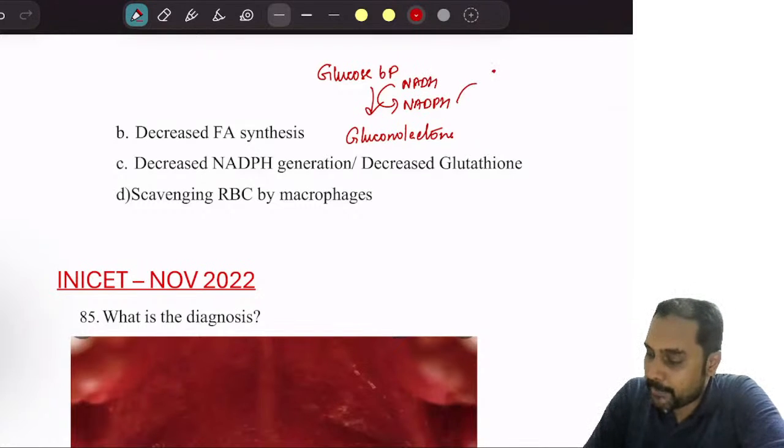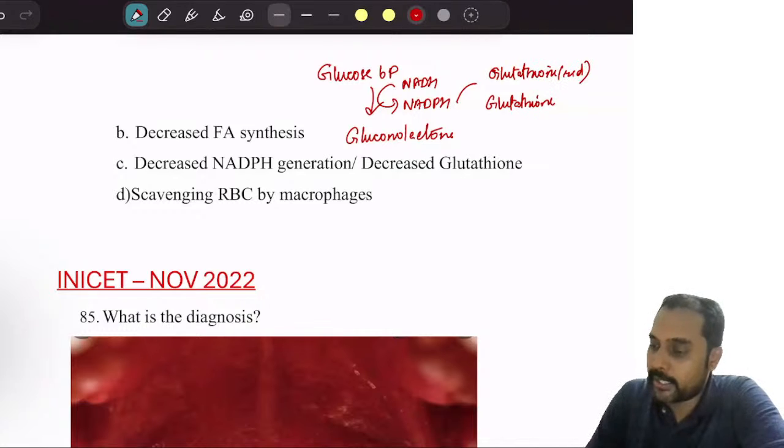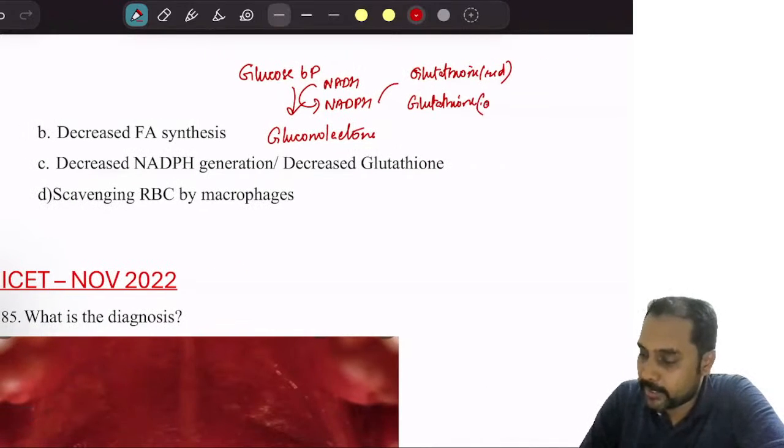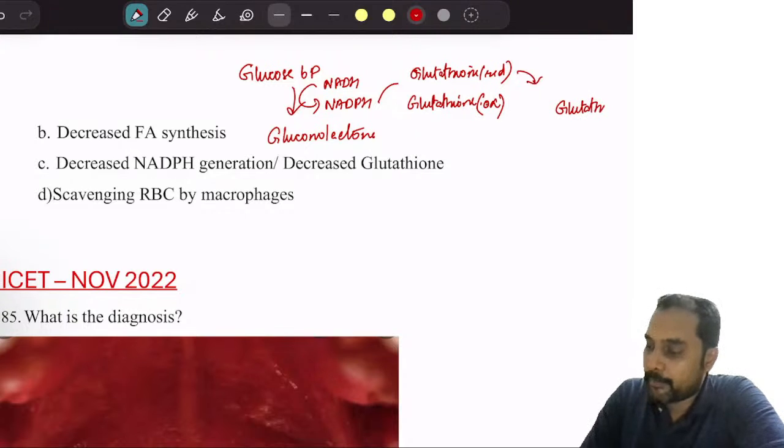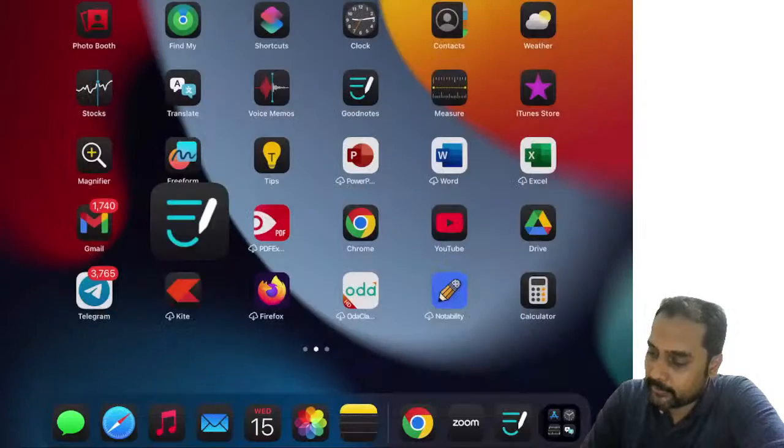This NADPH powers the glutathione reductase. Glutathione is converted into reduced glutathione, the active form. This is oxidized. Now, this will power the enzyme called glutathione peroxidase.